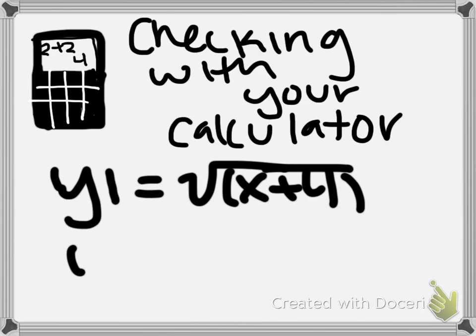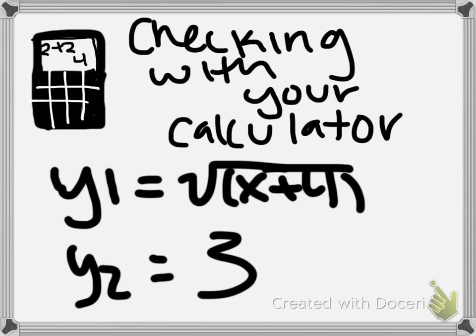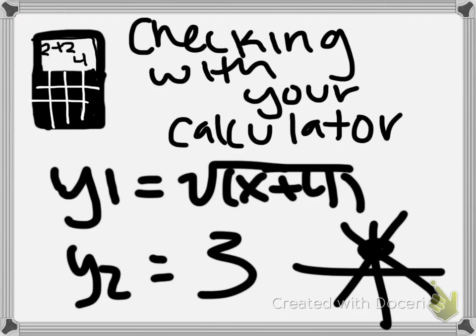And in y2, you're going to put in the other side of the equation, in this case 3. After hitting graph, you are going to see a graph, and where the two things intersect, your x is your answer. In this case, x equals 5.